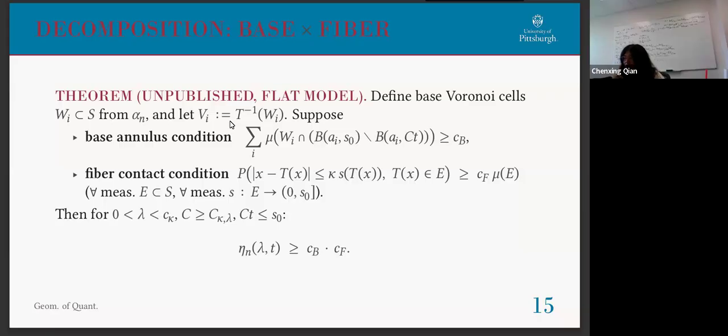And the second one is the fiber contact condition. It's an analog of the lower Cartesian packing condition. Here the probability that T and Tx have some closer distance within a kappa cone is bounded below by the measure of a measurable set E.